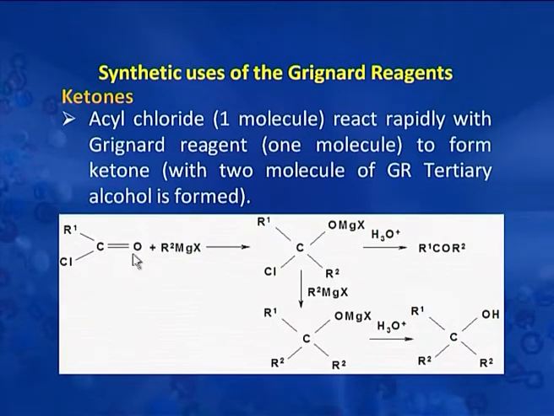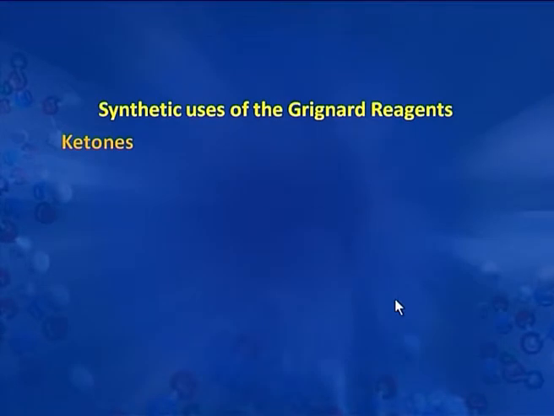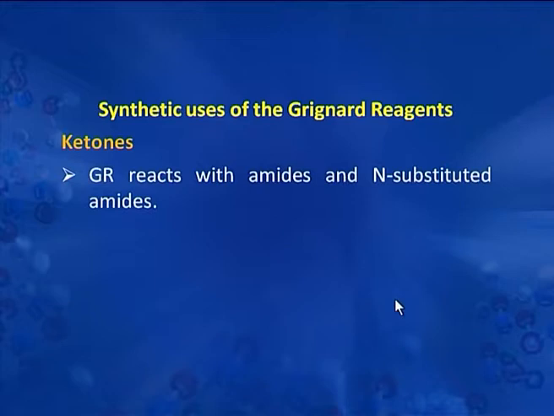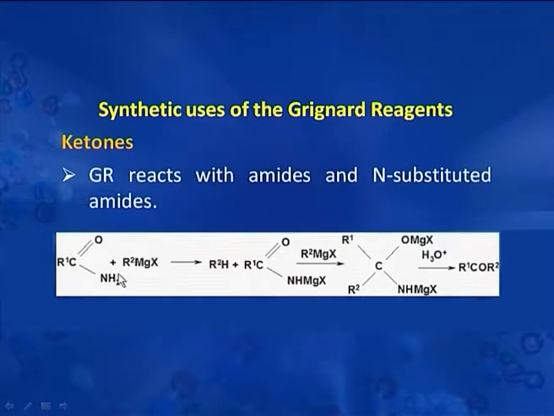But if you use two molecules of Grignard reagent, tertiary alcohol is formed. Grignard reagent reacts with amides or N-substituted amides. Here we can substitute hydrogen with the help of Grignard reagent, followed by hydrolysis, and we get acetone.